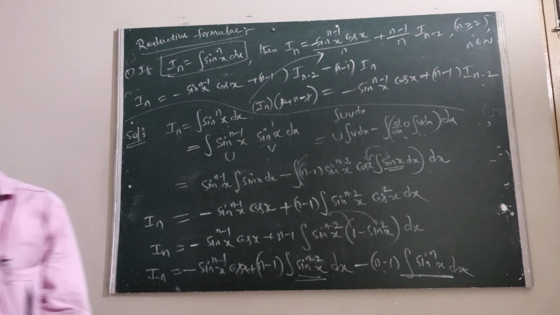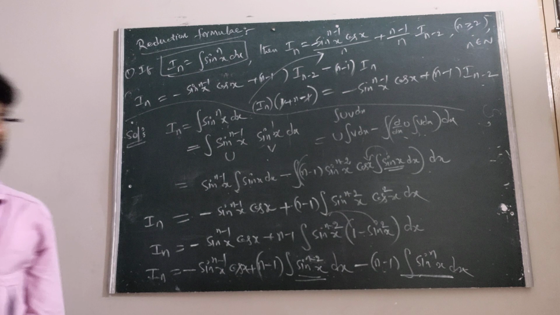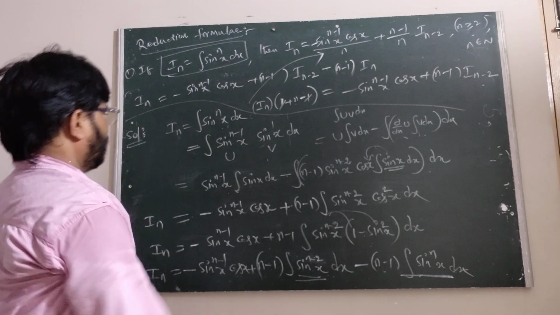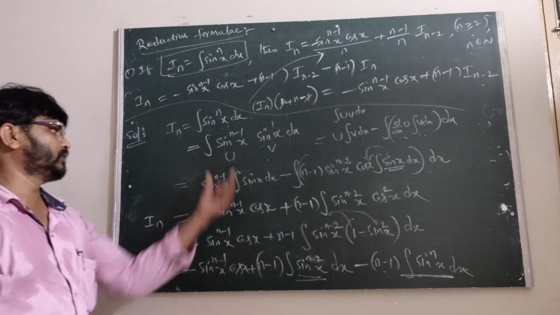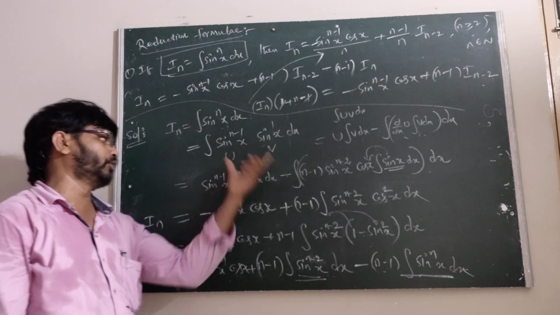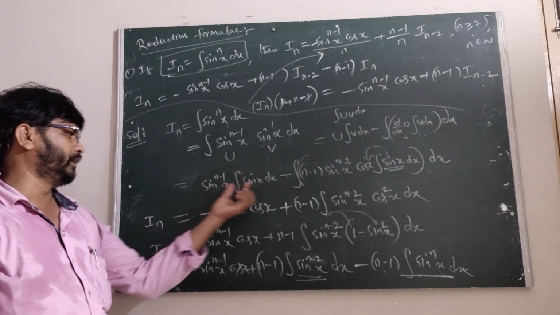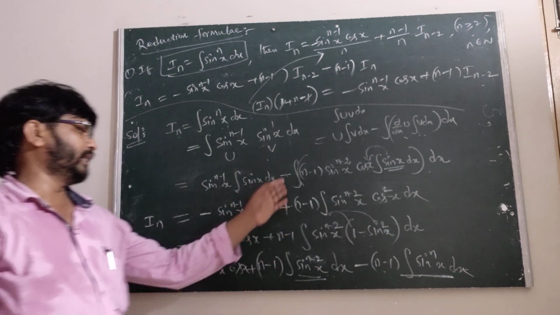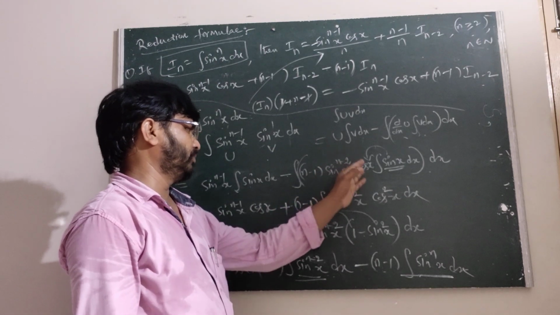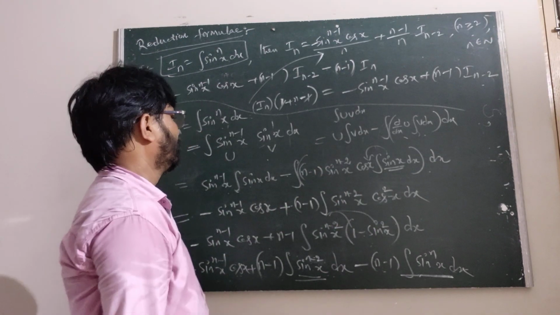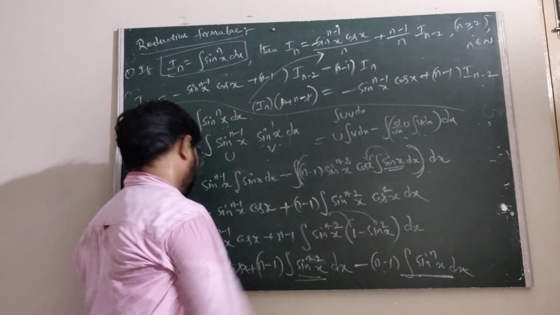Therefore, how to write this one? Once again, please listen carefully. In the first step, we are taking sin^(n-1)x into sin x. We have to compare this with the u v rule. So u times the integral of sin x dx, minus the integral of the derivative of u, (n-1) sin^(n-2)x cos x, times the integral of sin x dx.